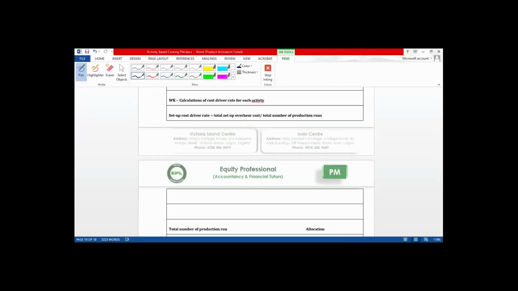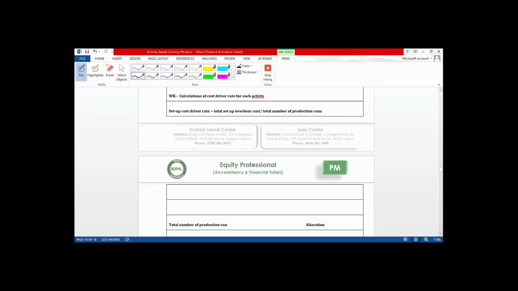So you come to your setup. Setup cost driver rate is calculated as total setup overhead cost divided by total number of production run. Examiner says setup, the cost driver is production run. Now come here.